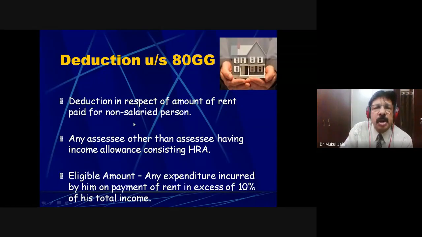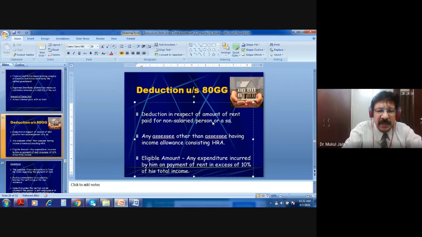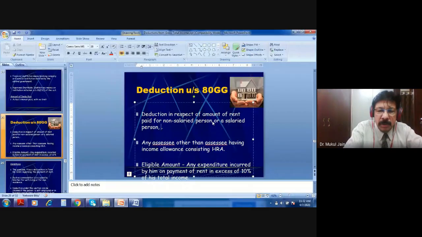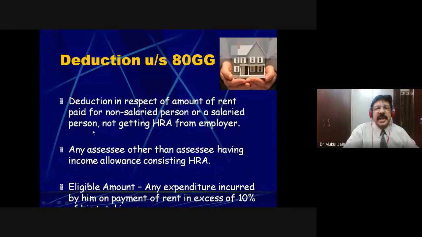This is deduction in respect of an amount of rent paid for a non-salaried person or a salaried person not getting HRA from employer, or any assessee other than an assessee having income allowance consisting HRA. So same thing has come over here.